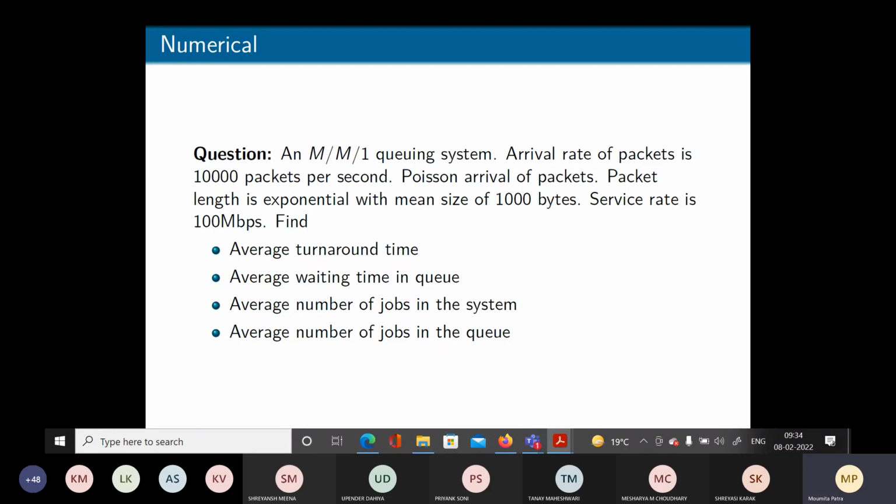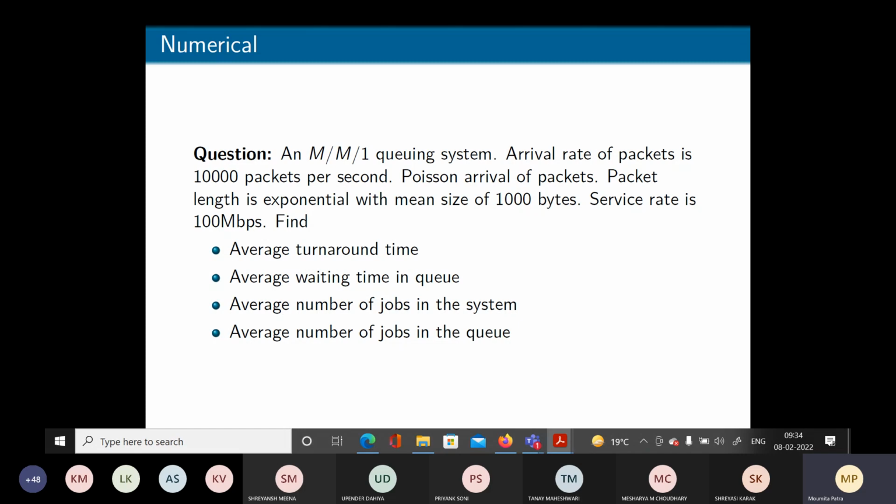Packet length is exponential, and the mean size of the packets is 1000 bytes. And the rate of servicing, that is the rate at which the packets are getting serviced, is 100 Mbps.